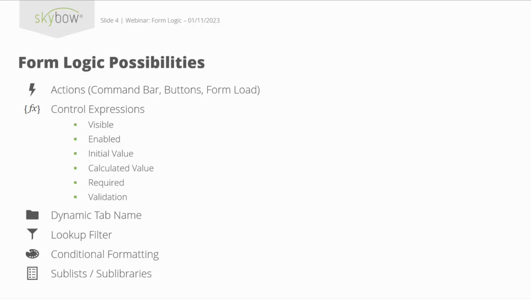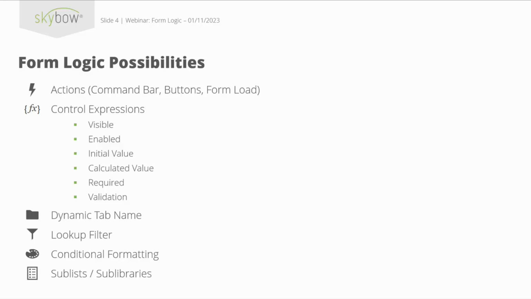It's similar to the out-of-the-box default values, but in our case, it's possible to have an initial value also on the edit form, and it's possible to have an initial value on every field type, not like out-of-the-box where you just have a couple of field types which allow you to define an initial value or a default value. In our case, we can do that for every kind of column, even lookups or people picker fields, doesn't matter.